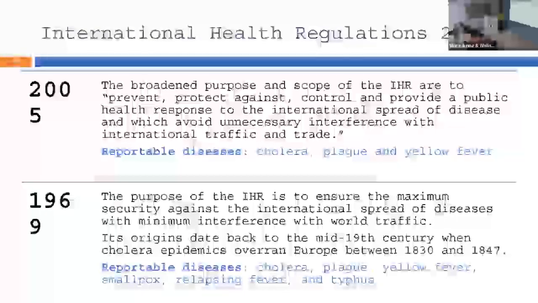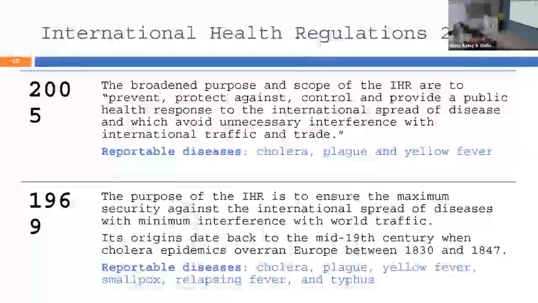And there is an IHR focal point here that would communicate that to WHO, and the IHR focal points in different countries communicate with each other. For example, if there was a case of Legionnaires' disease who visited Jamaica and then went back to their country and was diagnosed, then they inform us so that we can investigate.